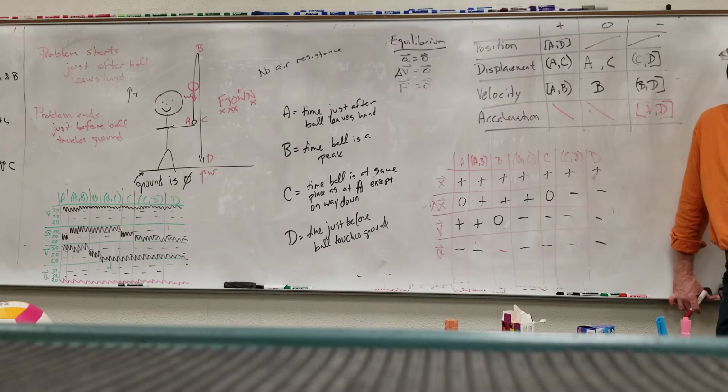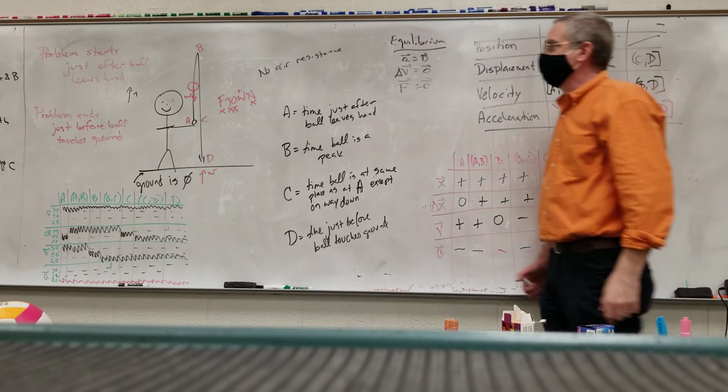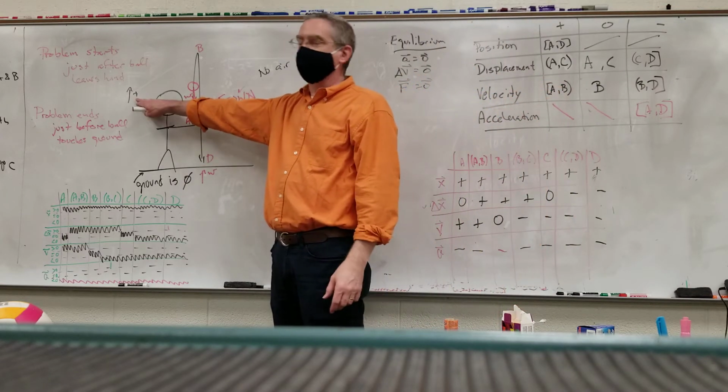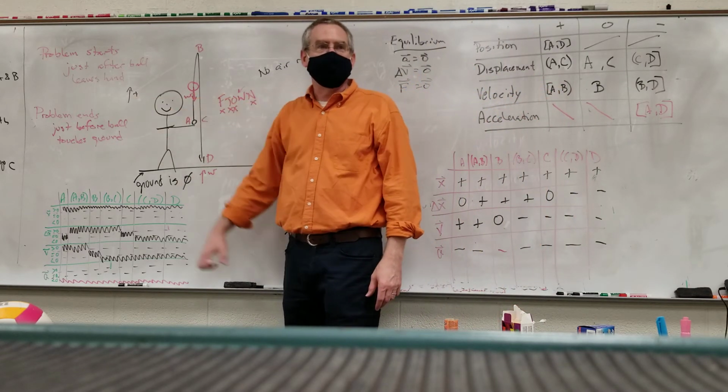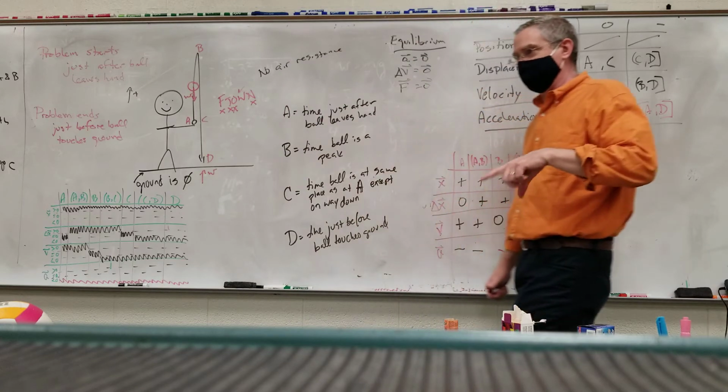Other questions? Wait, why is velocity negative again from B to D? Velocity cares about the direction of movement. So from A to B, it's going up. From B to D, it's going down. And remember, that's instantaneous velocity.